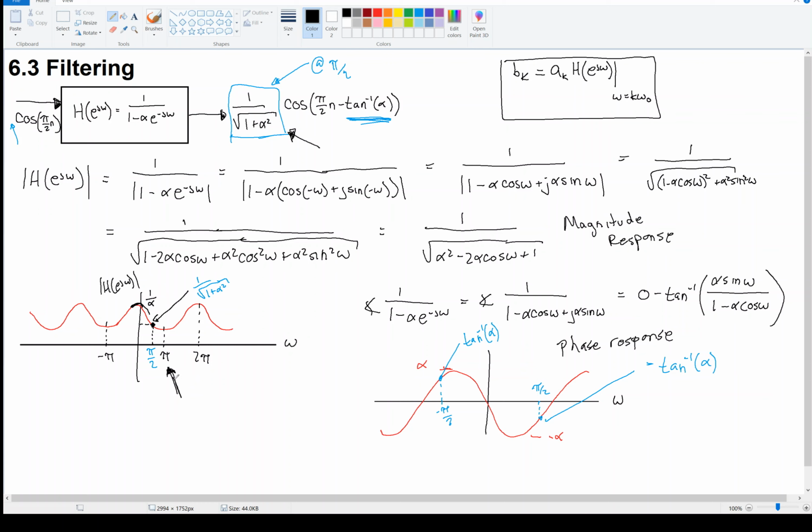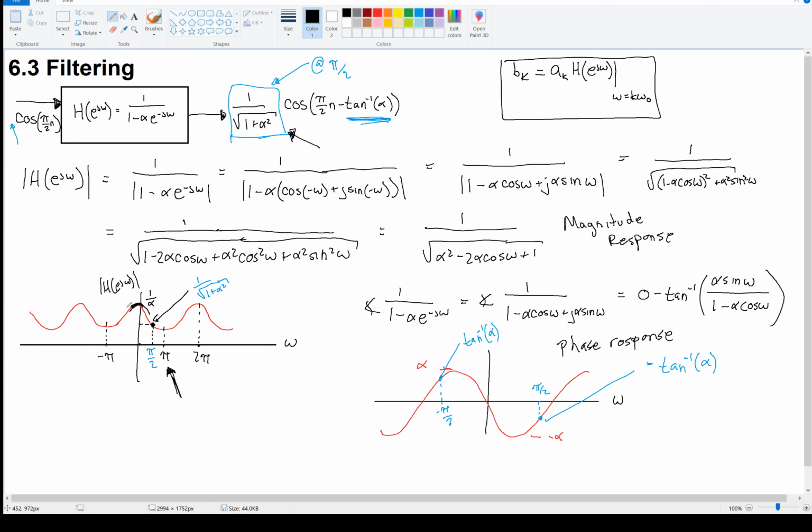It's actually the highest frequency in discrete time. So if we were to put a frequency of pi into this system, we would get something small out. That is, we wouldn't get a lot of that frequency out. However, if we put low frequencies in, like 0 or 2 pi or 4 pi, that's where this thing has a maximum. And so those frequencies are scaled by a relatively large number, and so the low frequencies are amplified.